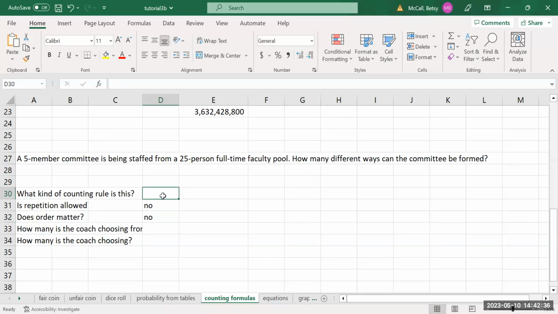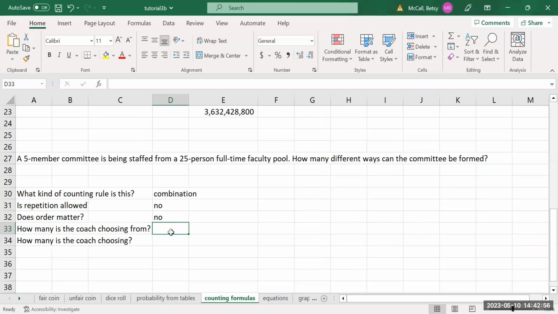So this is called a combination rule, because we care about the way that people are joined together sort of in a group, but not the order in which they're specified. So how many people are we choosing from? Well, we're choosing from a 25-person full-time faculty pool.